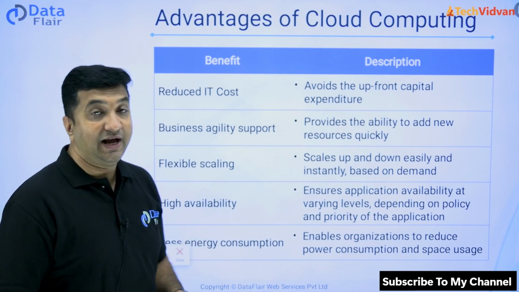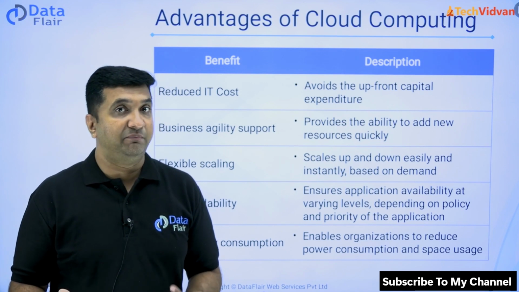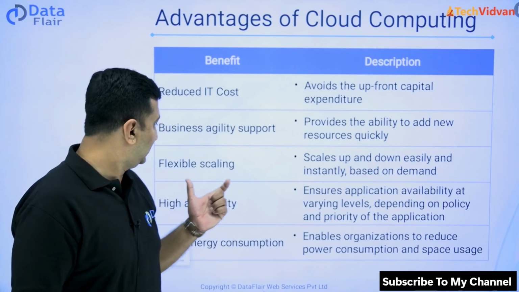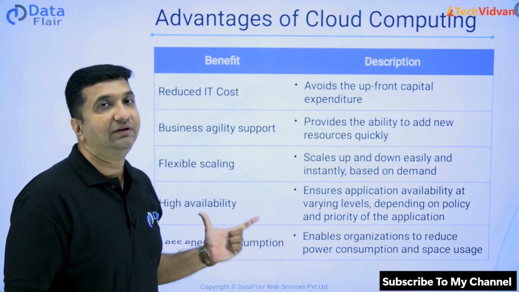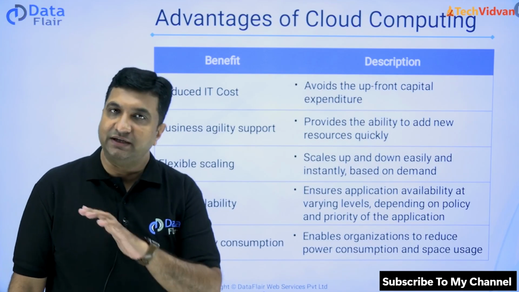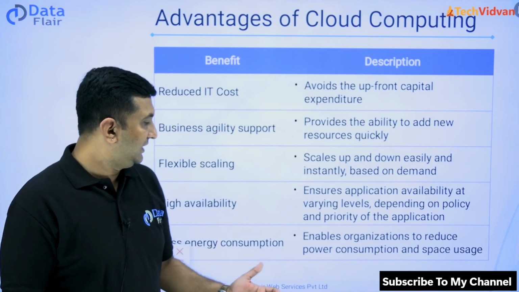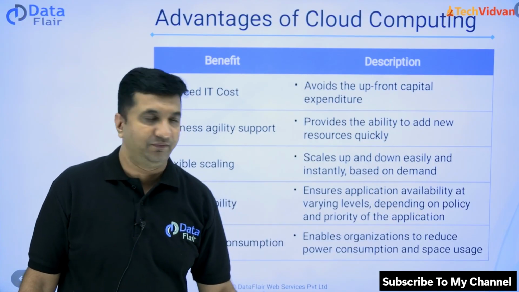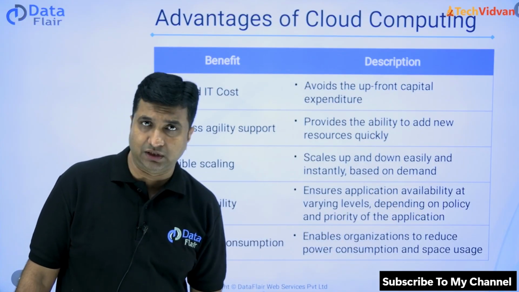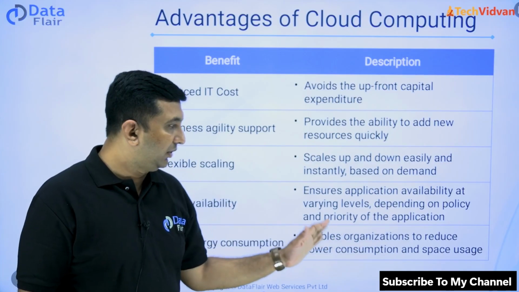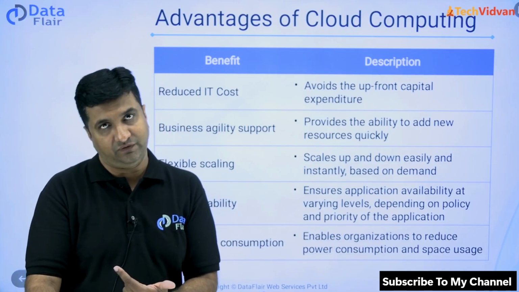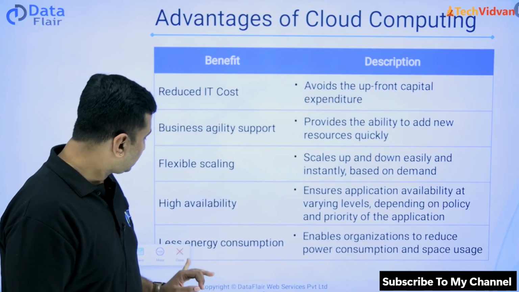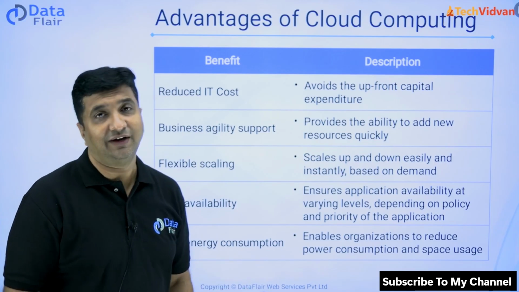High availability, as the accessibility is very high, broad network access. Then you can just see highly available applications, data, resources, everything. It will ensure that applications are available all the time. The data is available all the time, depending upon the policy and priority that you have configured. Less energy consumption, of course.